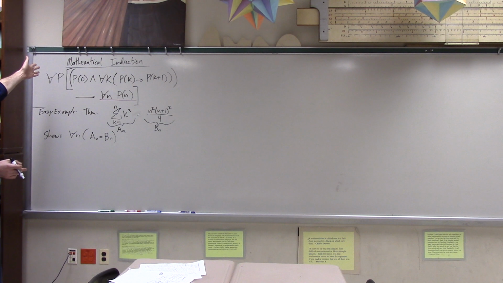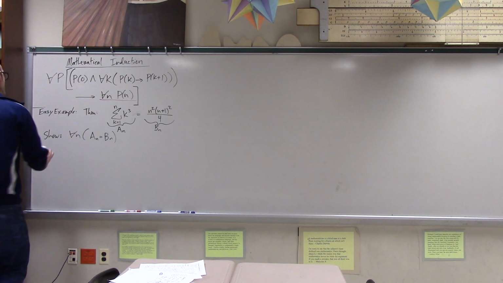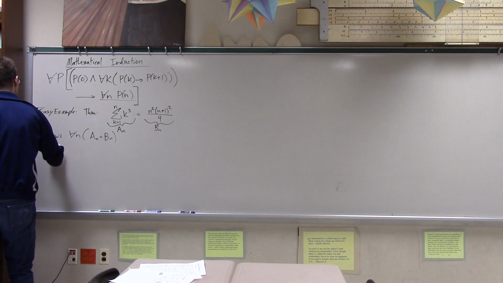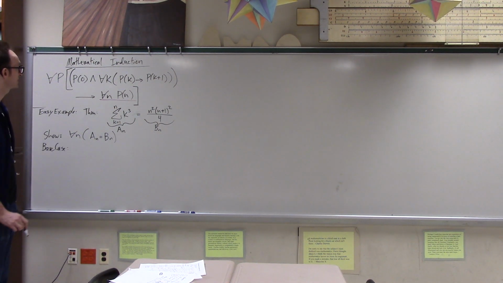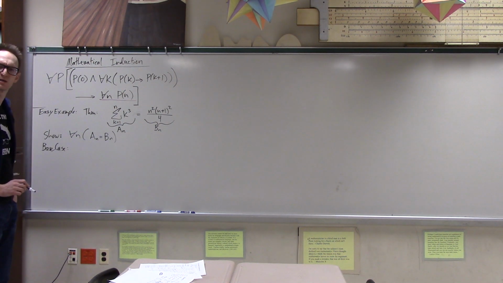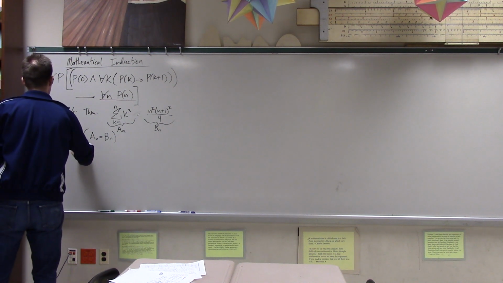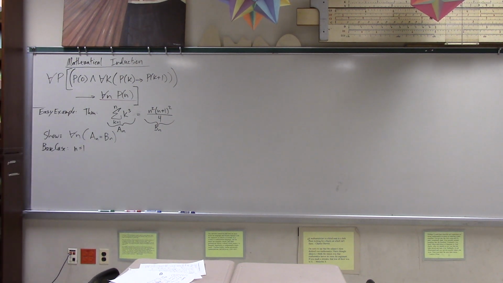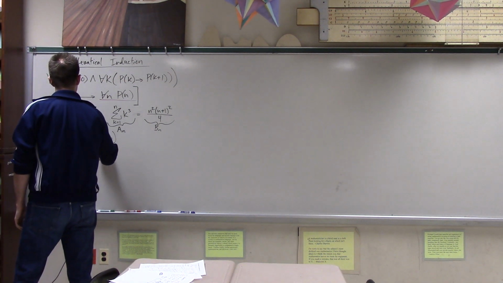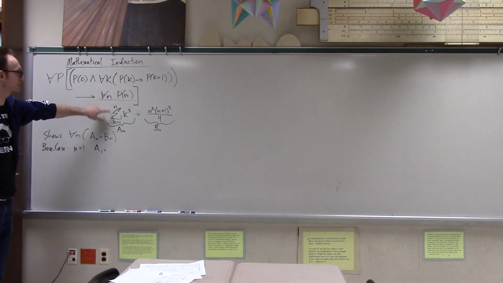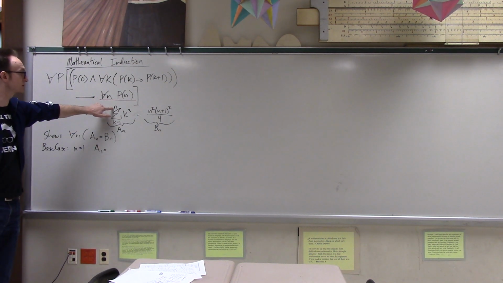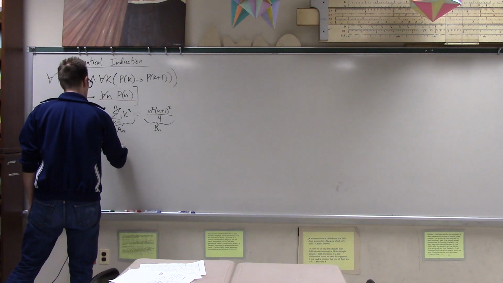Okay, how can we show that it's true? Well, mathematical induction gives us a guide. We first verify that it is true for one number, so the base case. I think 1 is the place to start here. So we start with n equals 1. Does this property hold for n equals 1? Well, yes, because A sub 1 is, by the sigma notation, the sum where you stop at 1, and so it's just 1 cubed.